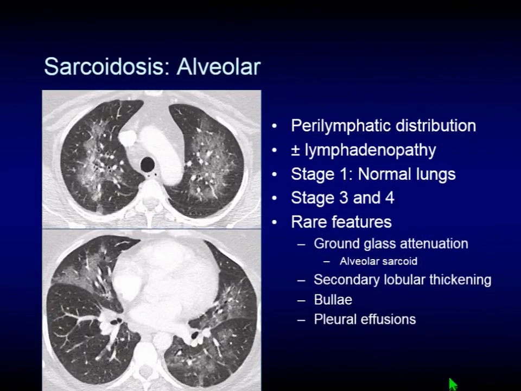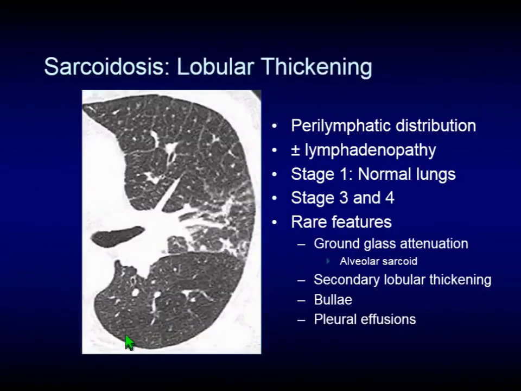Rare presentations or features of sarcoidosis: you may see ground glass attenuation or even airspace attenuation, as in this case of alveolar sarcoid. You might see septal thickening, as you can see here. A lot of times, if you see a lot of septal thickening rather than lung infiltration itself, you might want to think of cardiac involvement of the sarcoid with heart failure.